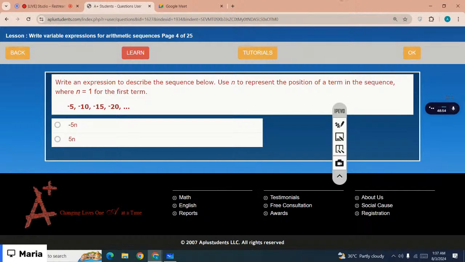The correct option is option number 1, that is negative 5n, and option number 1 is the correct option.